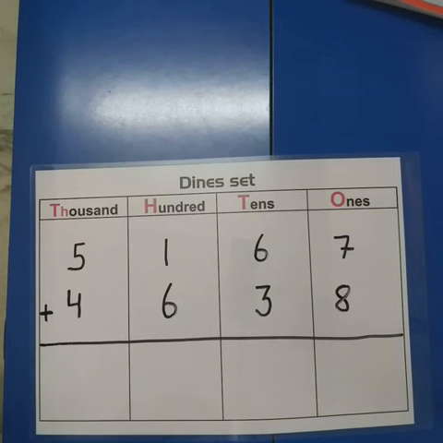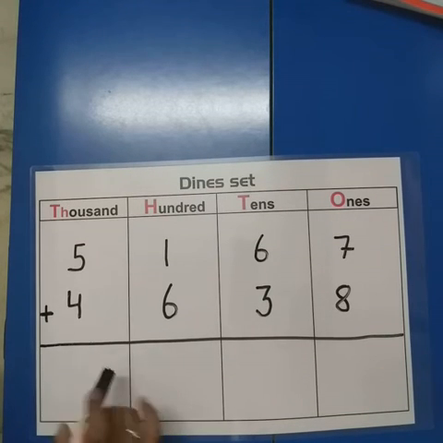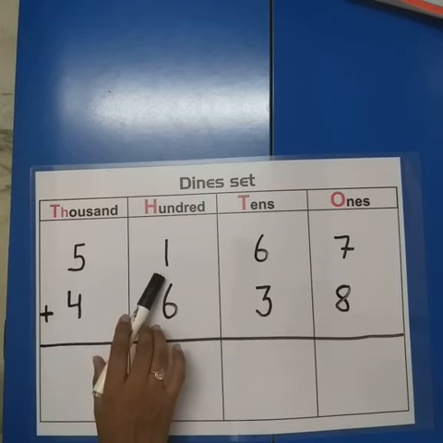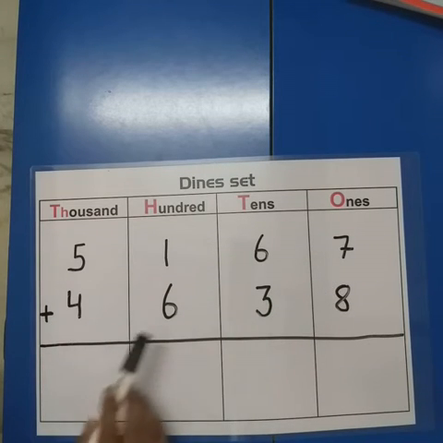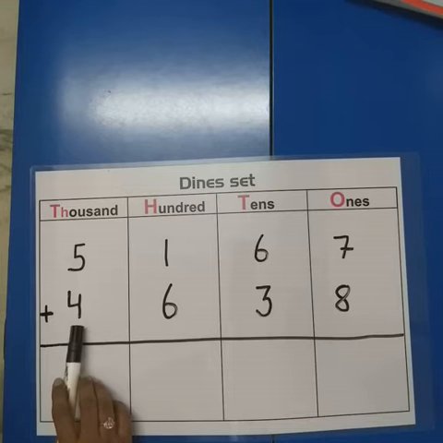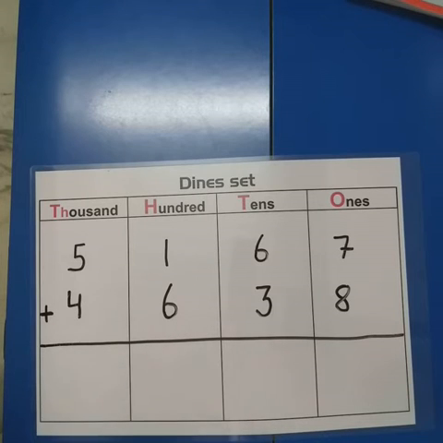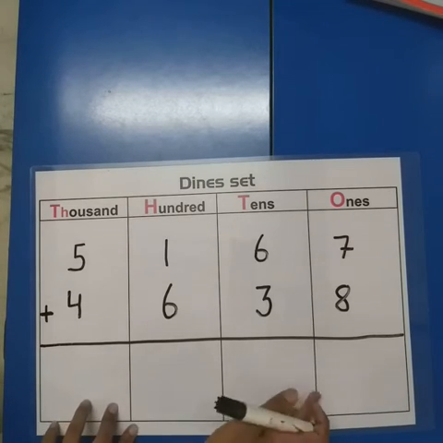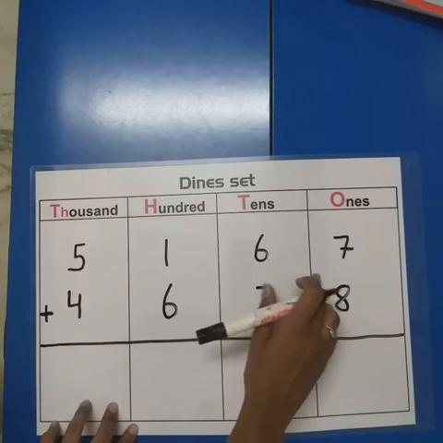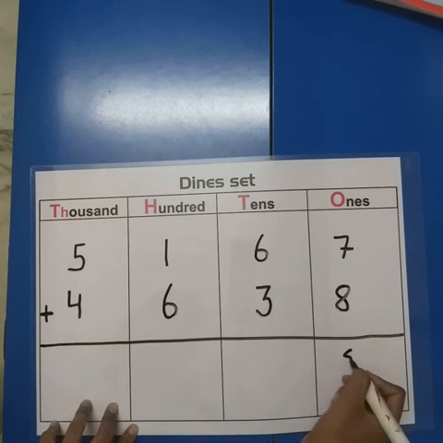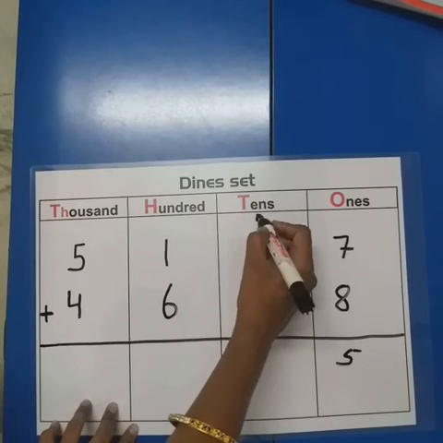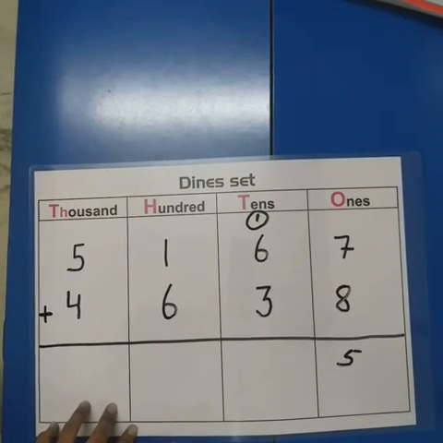Okay, let's start. We have two numbers here. First is 5,167 and second is 4,638. First of all we have to find the sum of both numbers. 8 and 7 will become 15. One carry will come to the tens place.